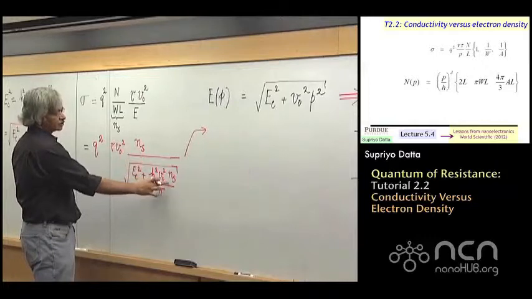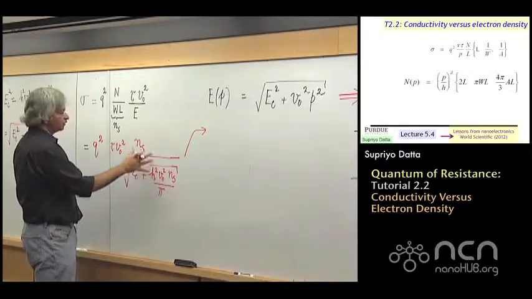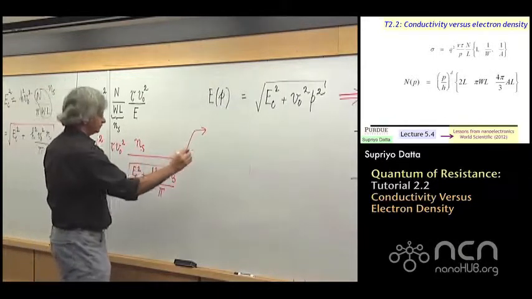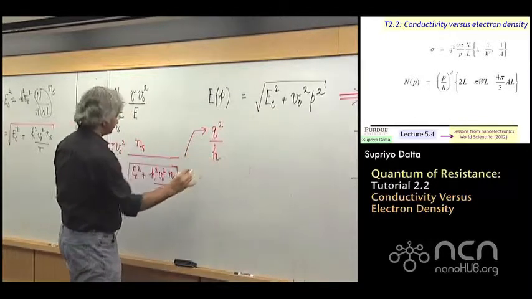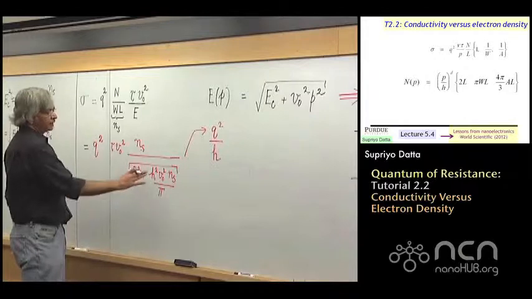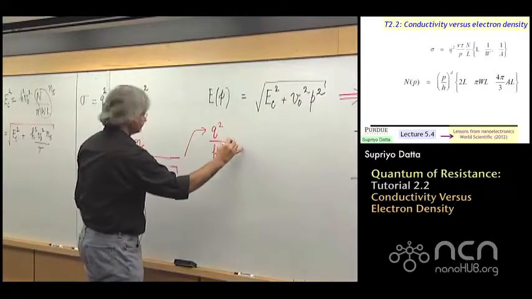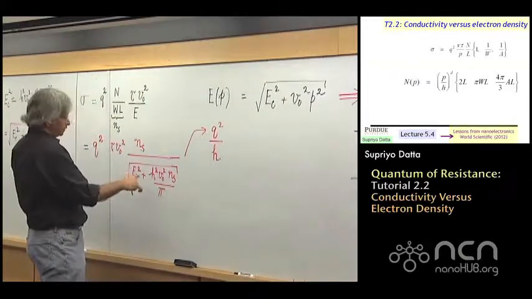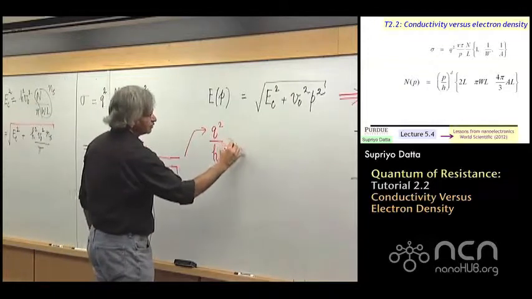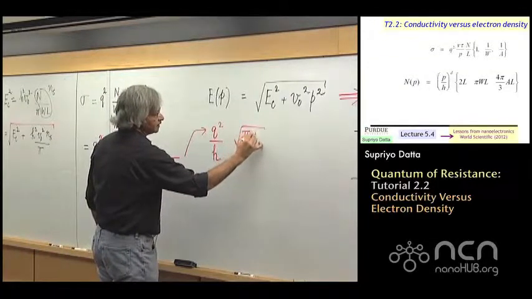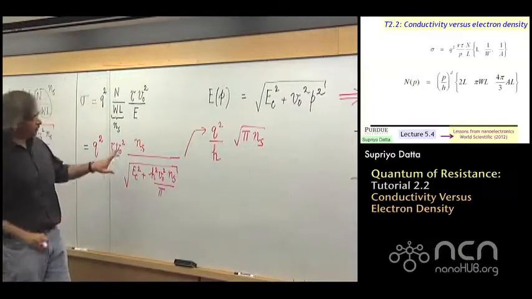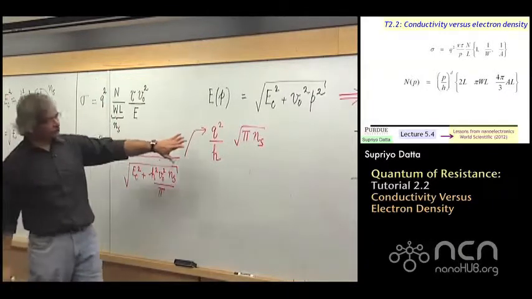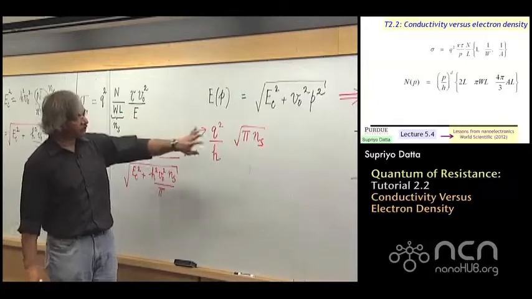There's an Ns here and the square root of Ns, so overall you get a square root of Ns. You get something like Q square over H from here, and then the square root of pi Ns, etc., and the constants that go with it.